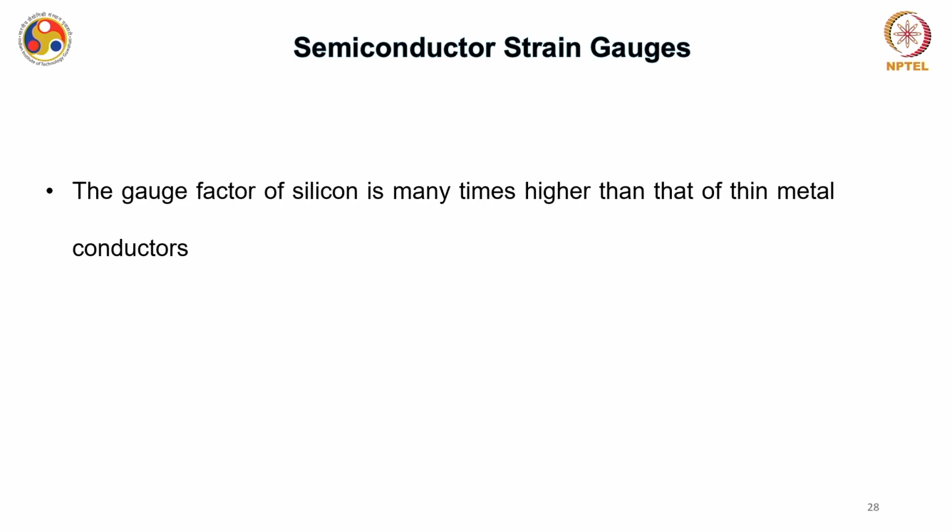The gauge factor of silicon, as I have mentioned, is many times higher than that of metal conductors. And this becomes even higher when you talk about extrinsic silicon, meaning that you have doped it.